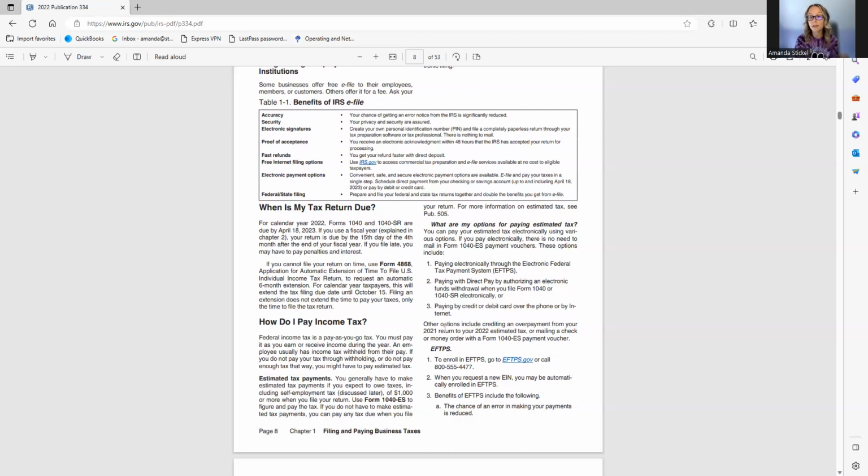What are my options for paying estimated tax? You can pay your estimated tax electronically using various options. If you pay electronically, there is no need to mail in Form 1040-ES payment vouchers.